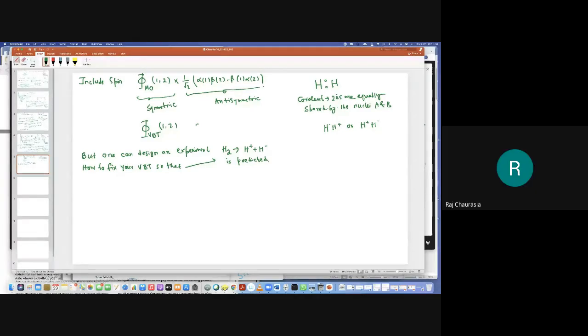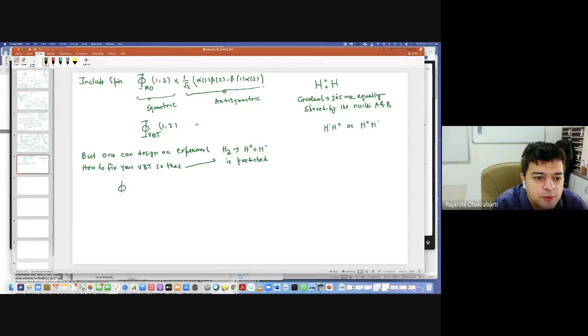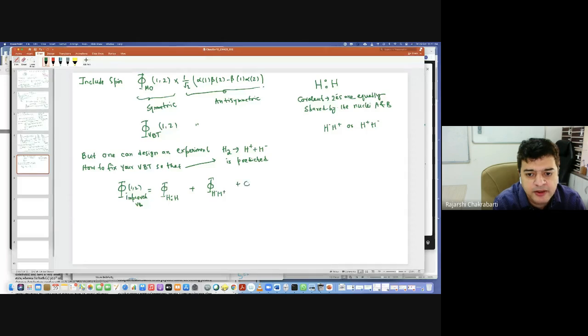If we add ionic terms in that, yes, you know that from your MO. In that case, this improved valence bond description would be something like, this is 1, 2. You take something like phi, where you have this H double dot H, which is a covalent, plus phi H minus H plus phi H plus H minus.